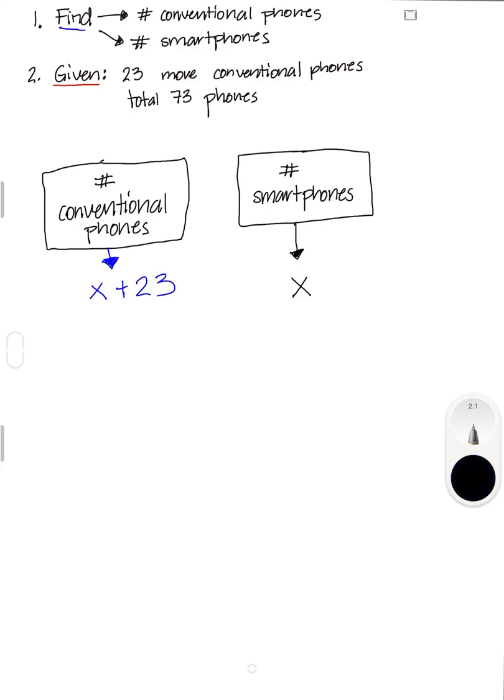The other piece of information given to us is that there's a total of 73 phones.